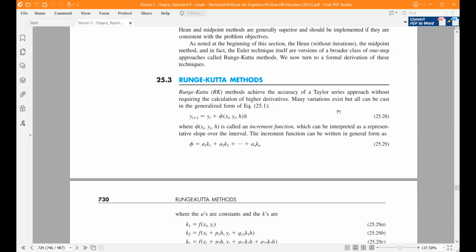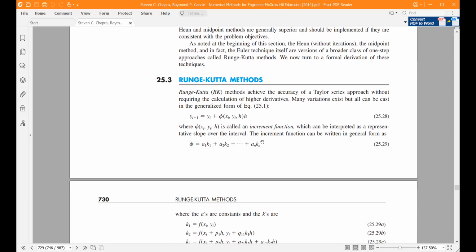The reason is that those things have already been derived, but we need to know the meaning of them, how those things are involved. In the general category of the method, we call them Runge-Kutta methods. You will see that by setting some parameter values in the general Runge-Kutta method, you will find Euler's method, Heun's method, the midpoint method, and some other methods as well.